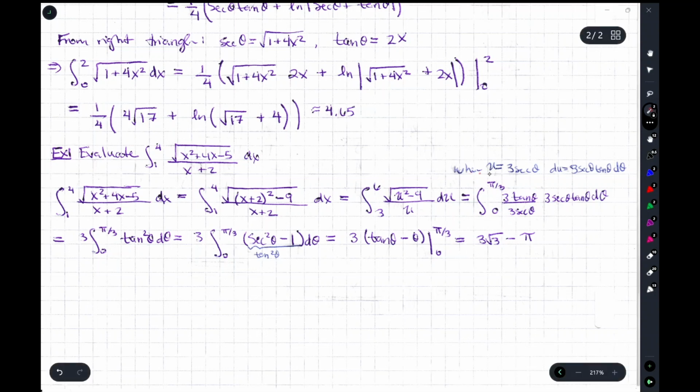It's straightforward to do, because when u equals 3, secant theta equals 1, which corresponds to theta equaling 0. And likewise, when u equals 6, secant theta equals 2, and that corresponds to theta being pi over 3.